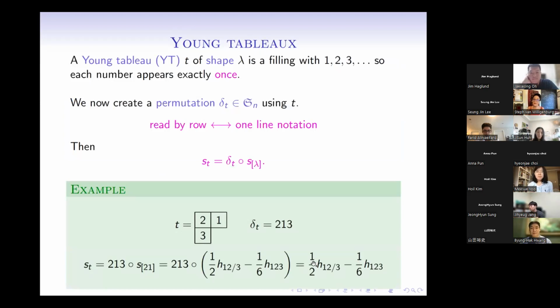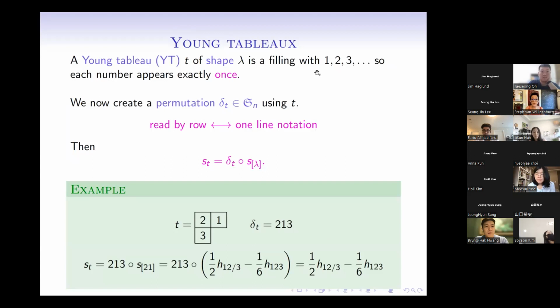Now I'm going to tell you about another basis, and it's going to have something cool about it too. And for this, we need Young tableau. We say a Young tableau of shape lambda is a filling of your diagrams with the numbers 1, 2, 3, and so on, such that each number appears exactly once. And so what we're going to do is the same trick that we did earlier, which is we're going to associate a permutation with it.